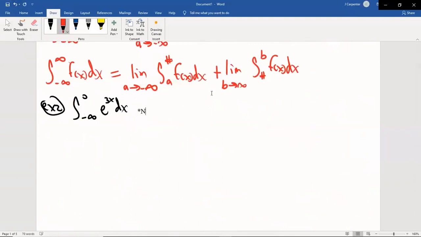So first, note. The above limits are a little different at negative infinity.